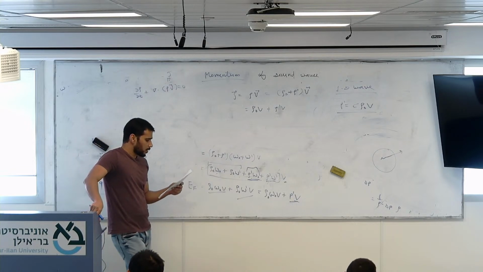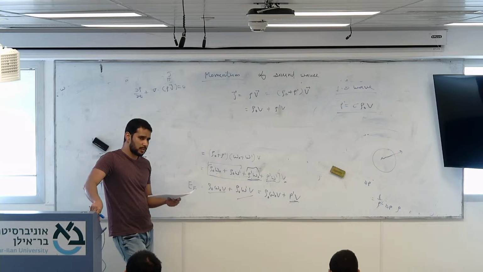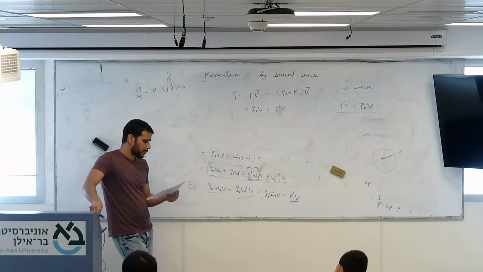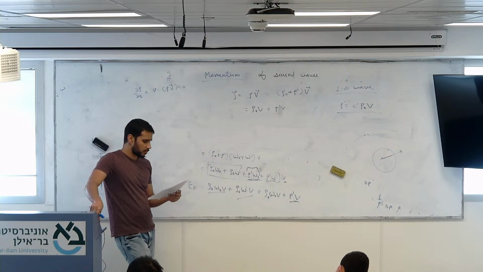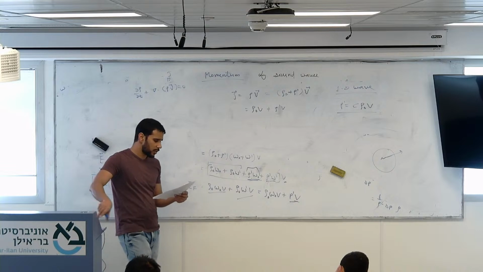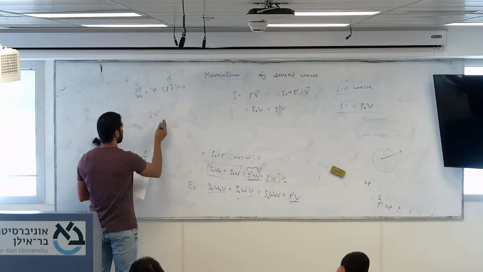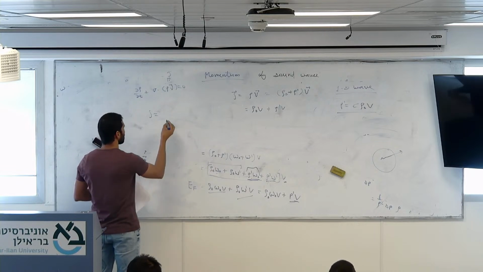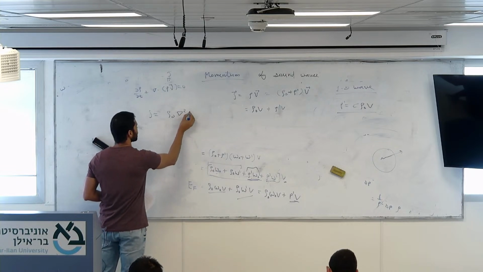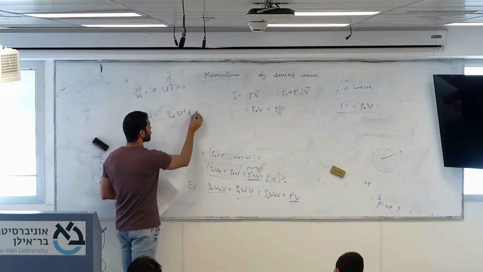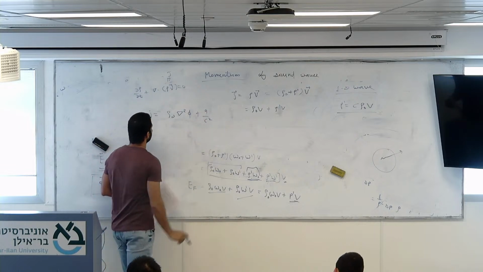There is one more question in the assignment, which is: if you solve Euler's equation for simple assumptions, adiabatic systems, you get the solution for J as this.